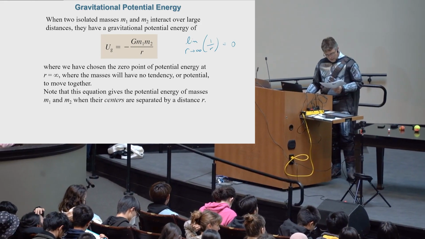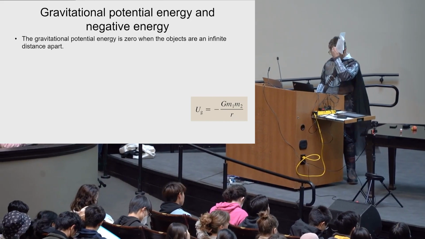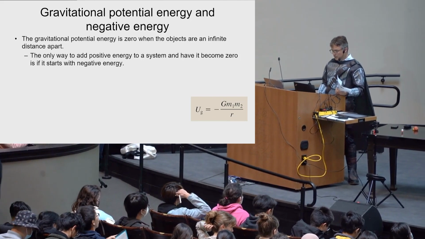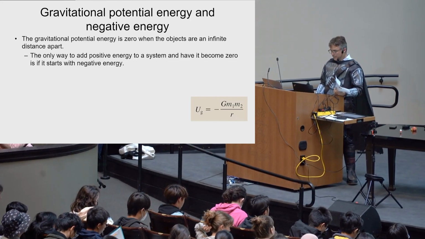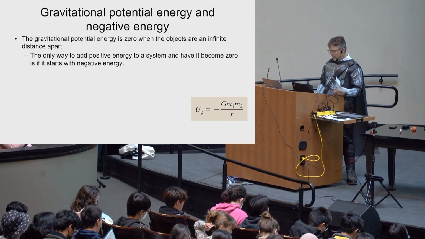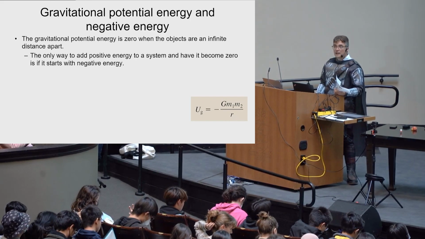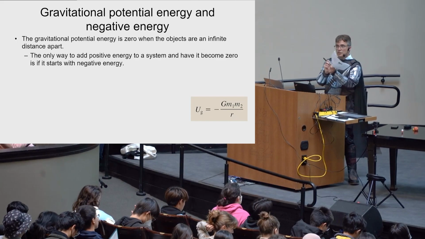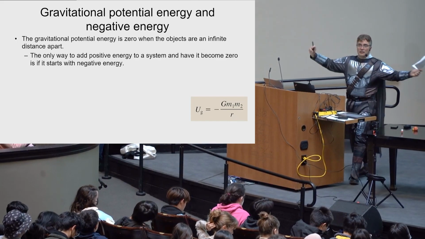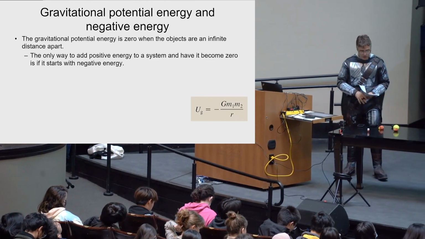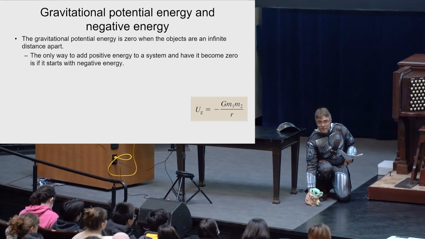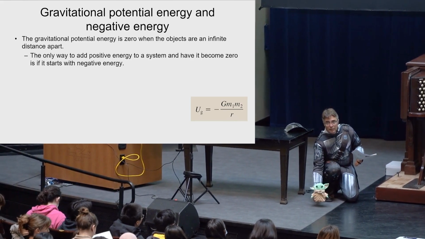So this is negative. Let me just quickly go through this. The gravitational potential energy is 0 when objects are an infinite distance apart. So the only way to add positive energy to a system and have it become 0 is if it starts off with negative energy. If you separate two objects, you're actually adding gravitational potential energy. For example, if Baby Yoda is on the floor, there's some distance between Baby Yoda and the Earth.